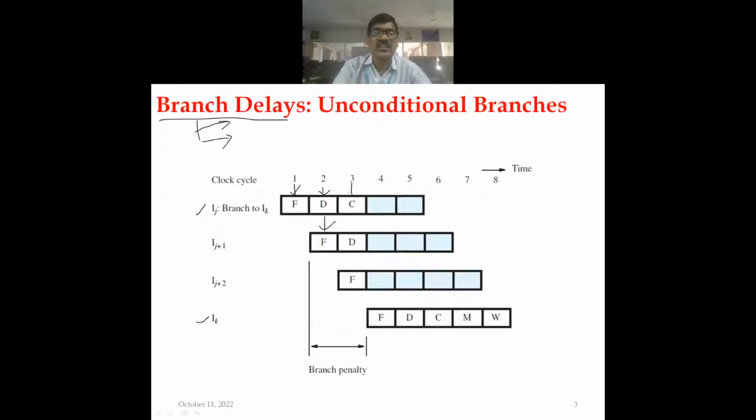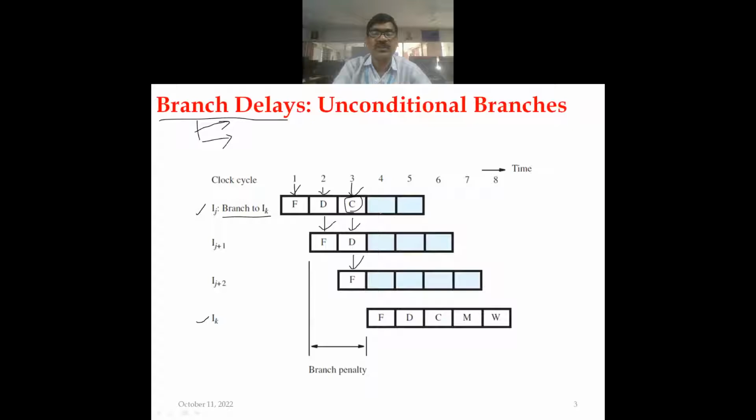During clock cycle 3, Ij enters the computation stage, Ij plus 1 is in decoding, and Ij plus 2 is fetched. Once we have decoded and computed, we identify that this is a branch instruction, an unconditional branching.